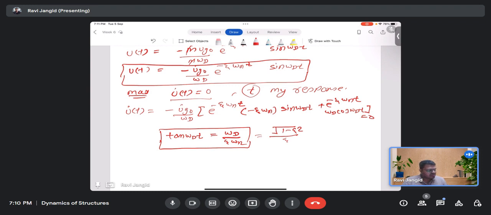So I'm getting t is equal to 1 by omega_d tan inverse square root of 1 minus xi square over xi. At this t value, my response u(t) would be maximum.